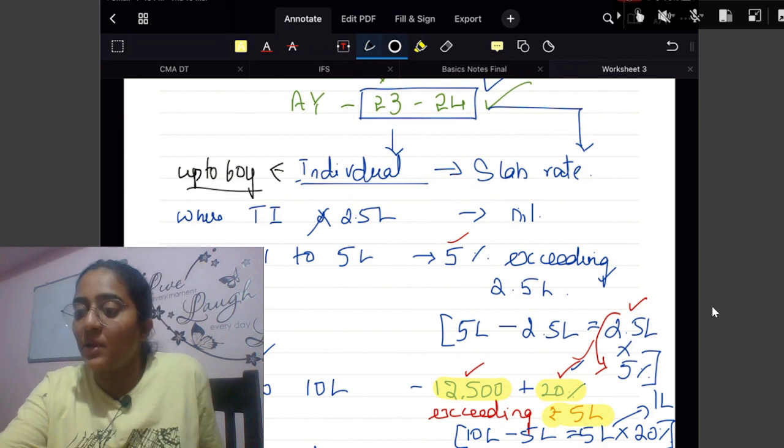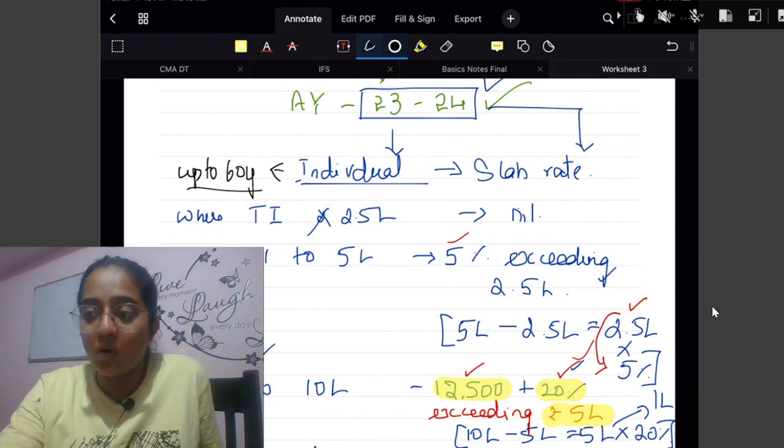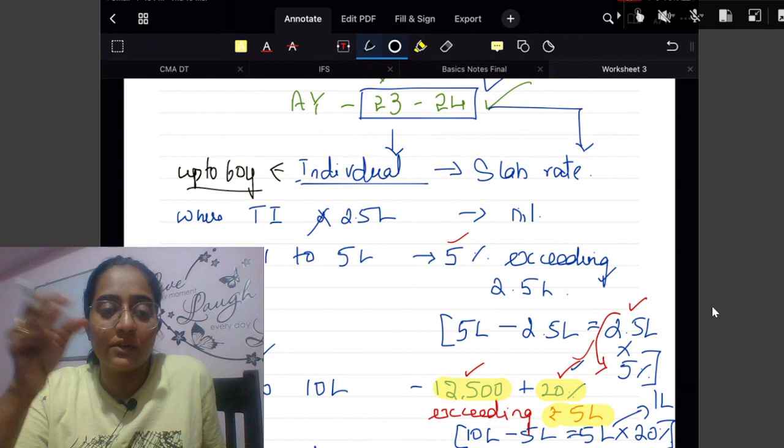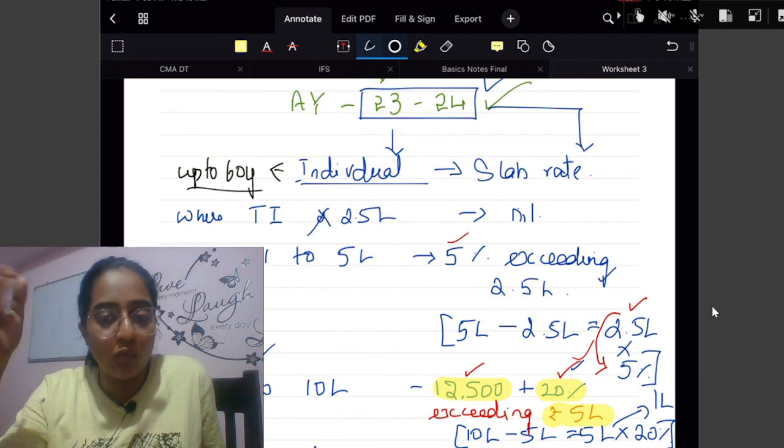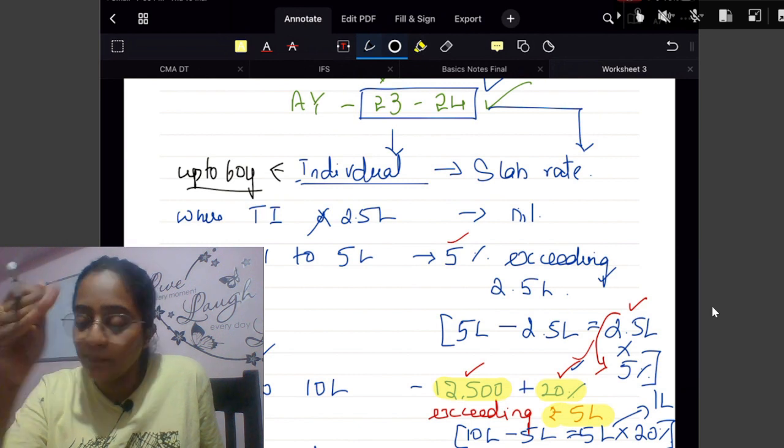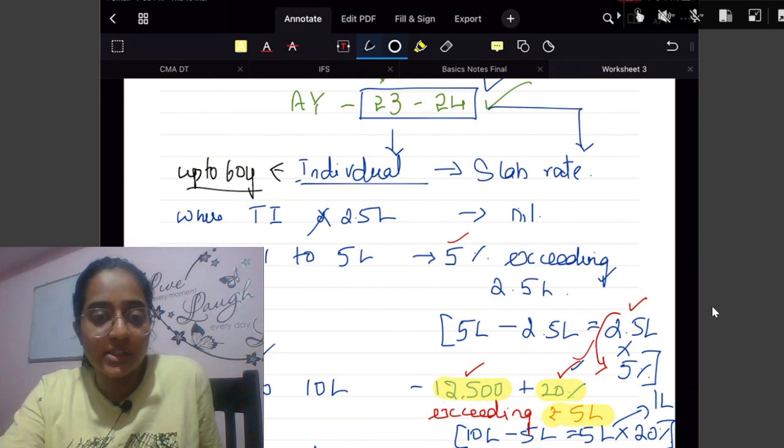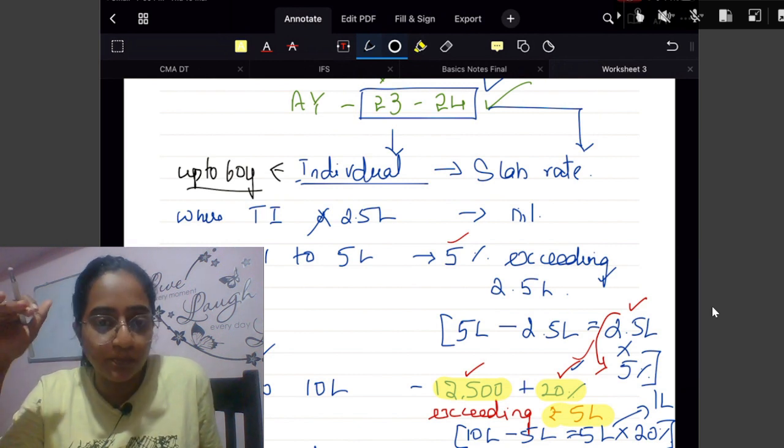That is 59, 58, 40, 35, whatever might be the person's age who is below 60, this slab rate which I have told is applicable for them.